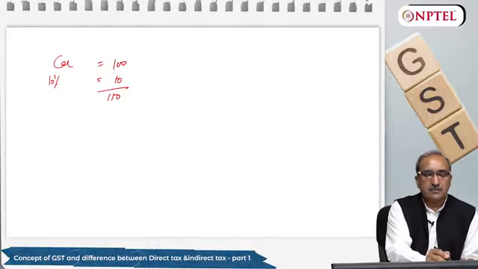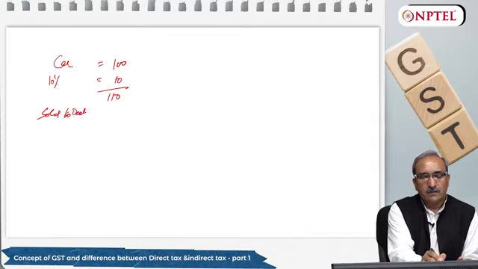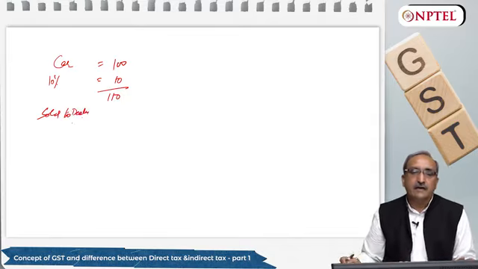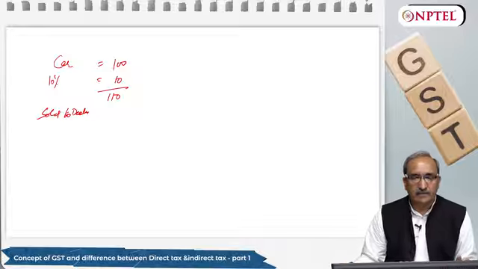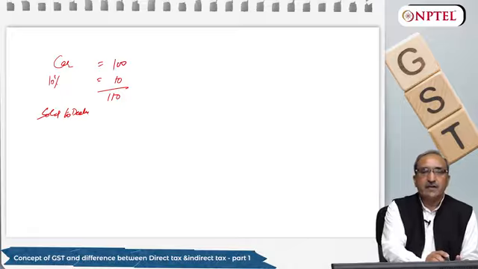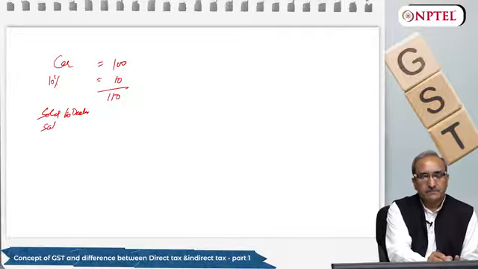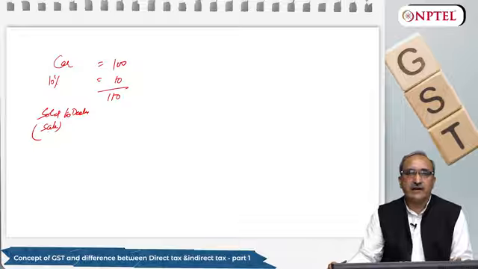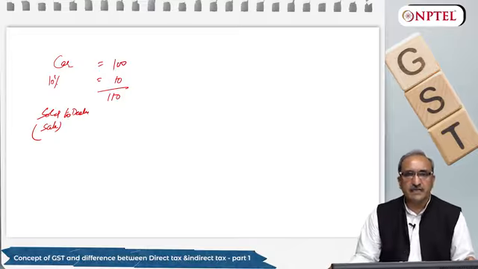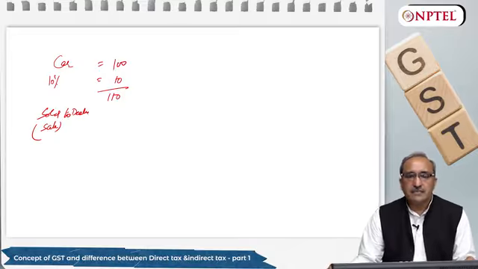Now this car is sold to a dealer who has a business of car selling. When it goes from the factory to the dealer, it is a sale under sales tax and VAT. So when it is a sale, this car is subject to sales tax.